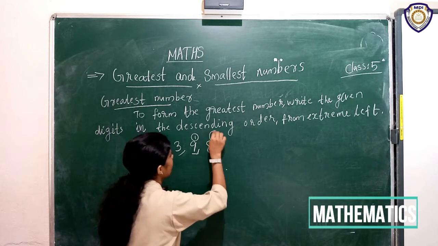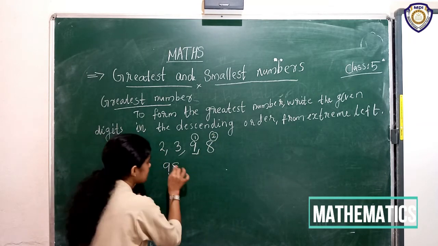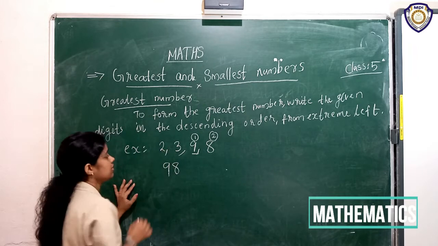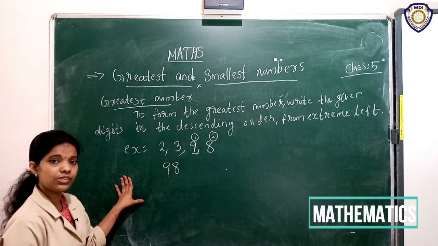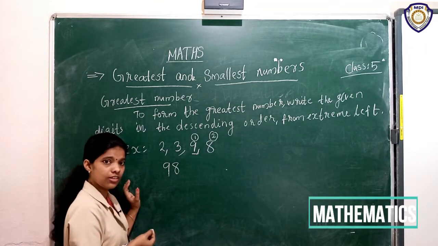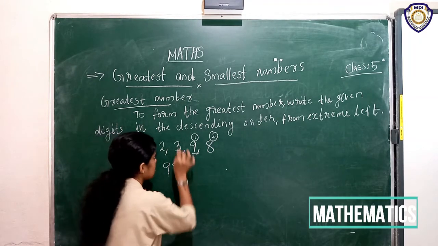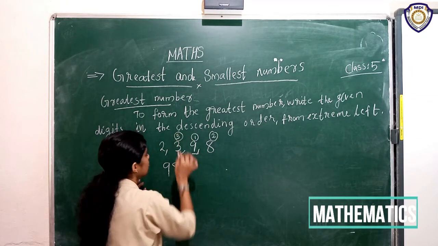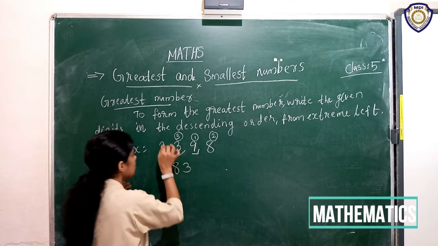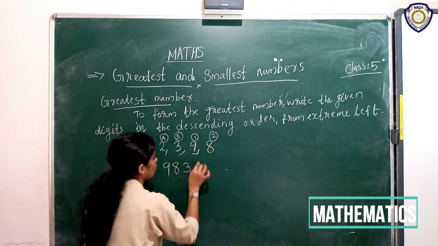This is the second digit. Next, 3 or 2, which is bigger? 3 is the biggest number. This is the third digit, 3. This is the fourth digit.